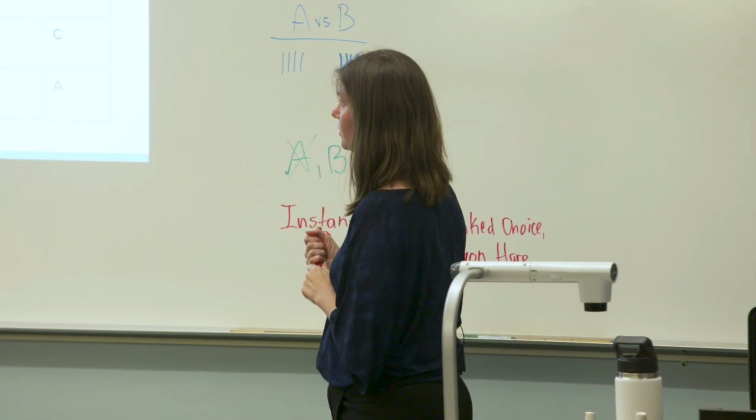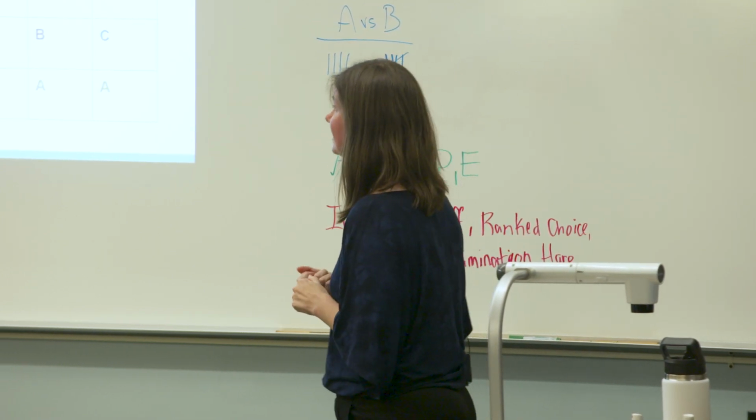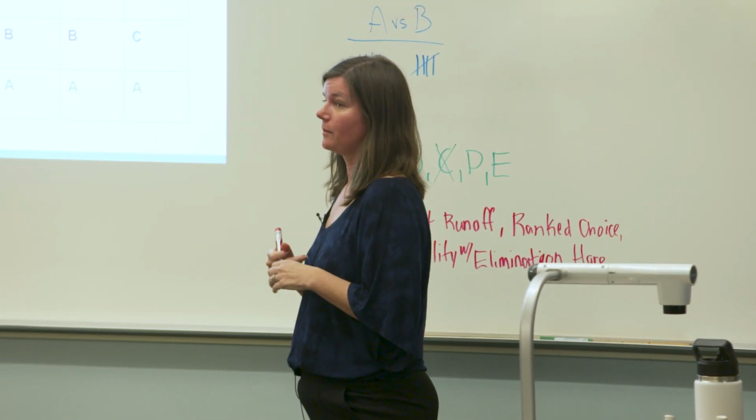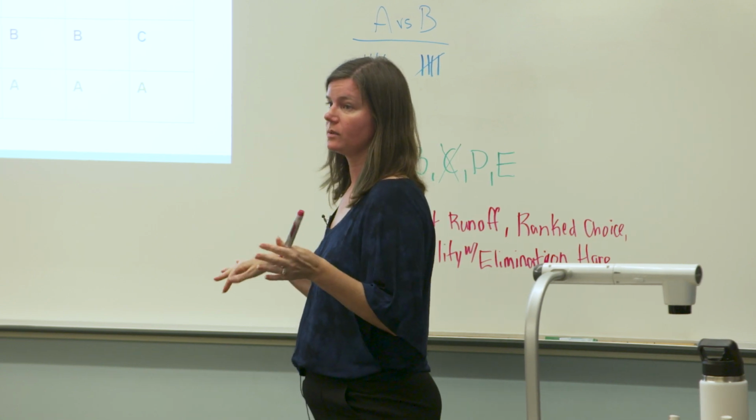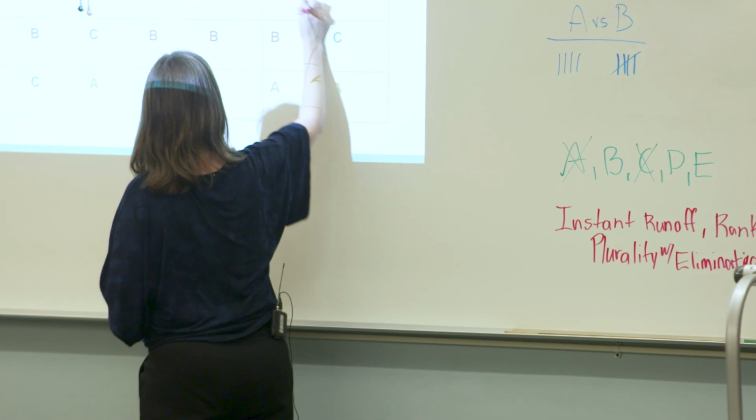So the way this one works is I'm going to look and see what's the least number of first place votes. In this case, it's C. So I'm erasing C. It's like C was never a candidate in the first place. So C gets knocked out.